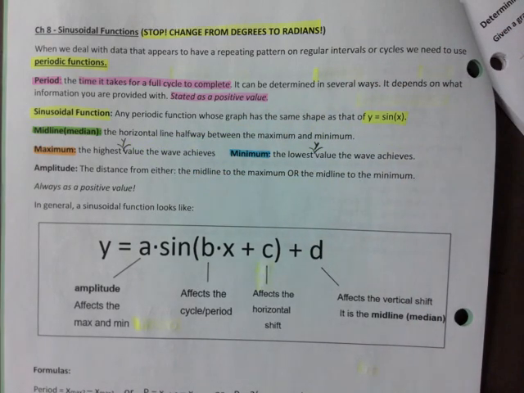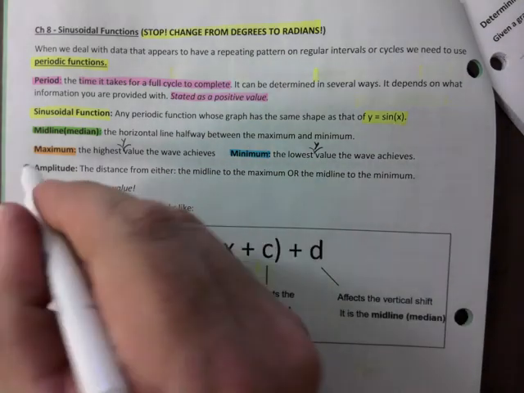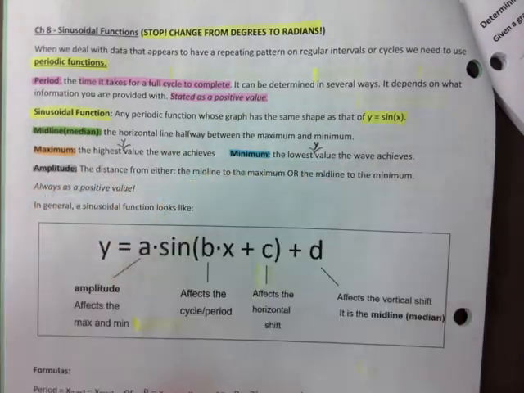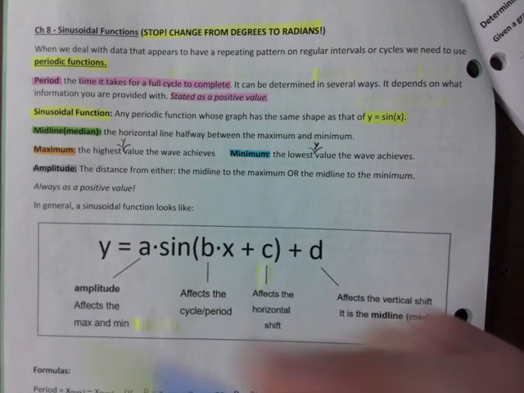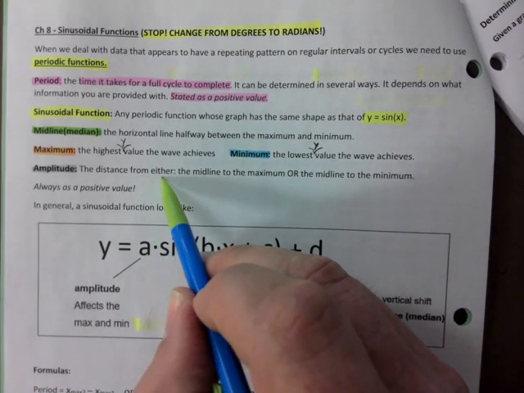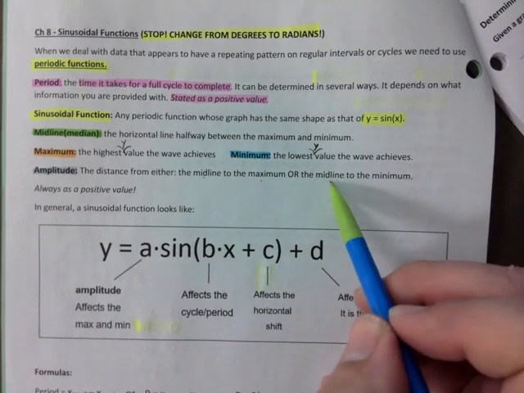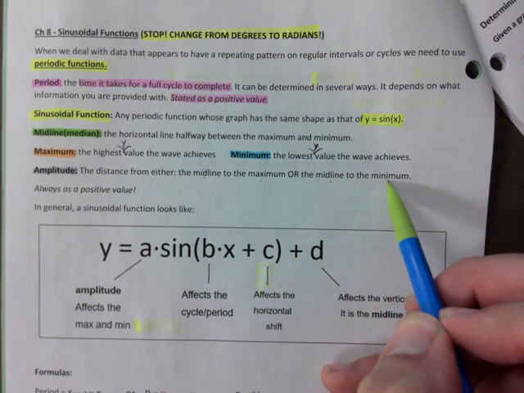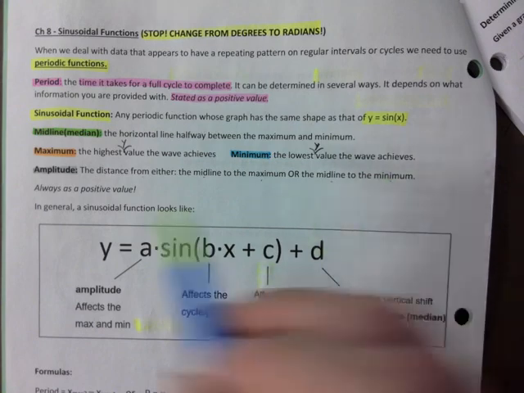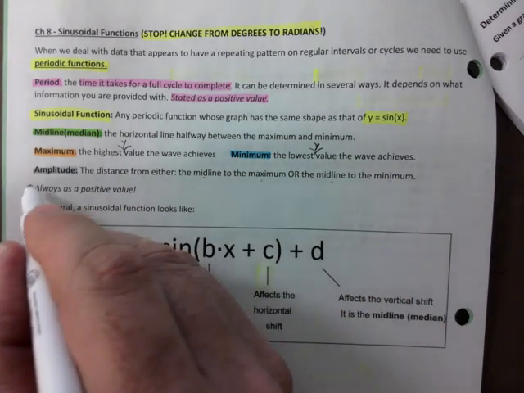And then the last one is your amplitude. What is the amplitude? The distance from either the midline to the max or the midline to the min. That's what we call the amplitude. It's always a positive value as well.